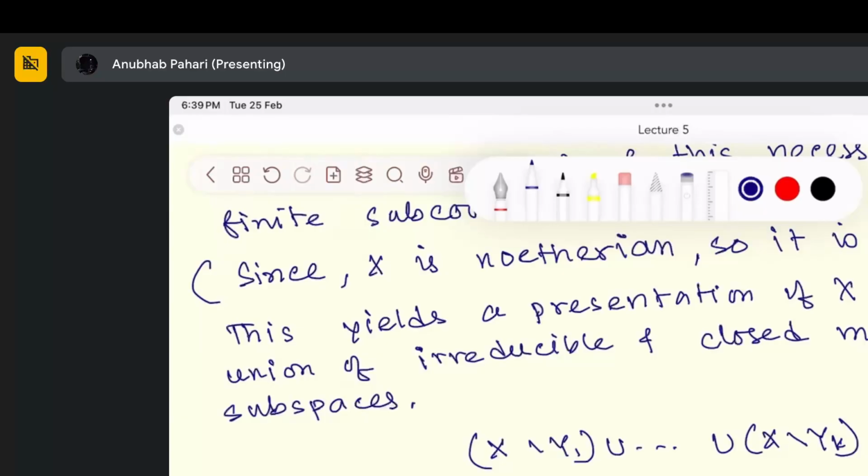What I have said earlier is that if a topological space is Noetherian, then every descending chain of closed subsets has to be finite. That is, the whole collection of closed subsets has to have a minimal element.